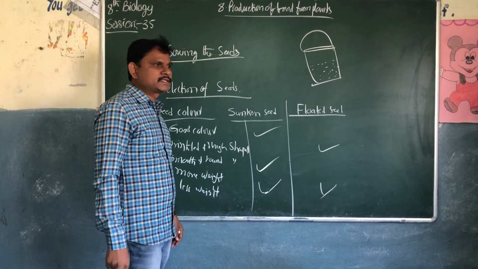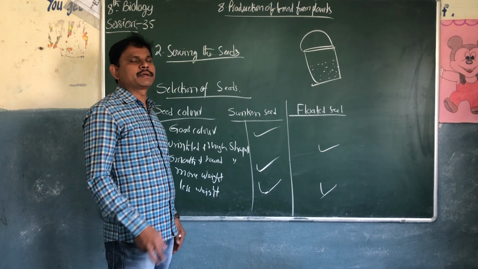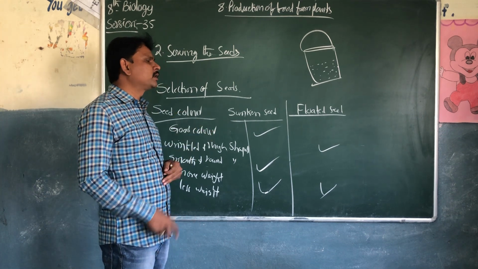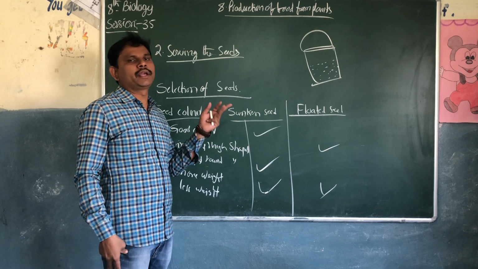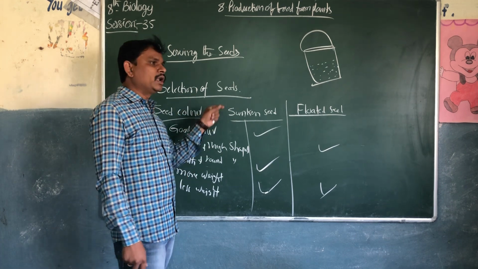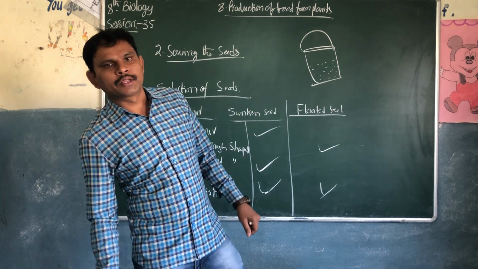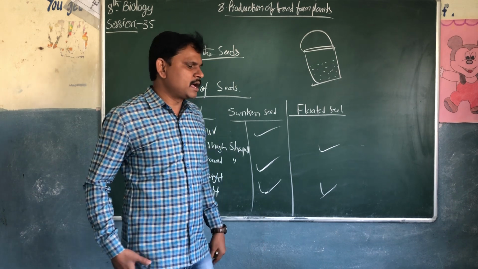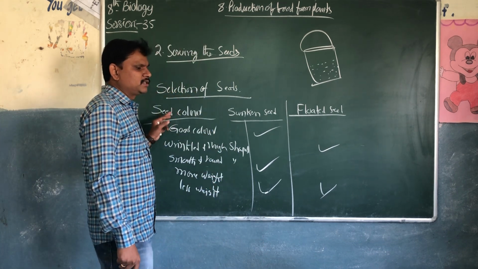Like this, by doing experiments, they will separate the quality seeds from the less quality seeds. Then the farmer should sow the quality seeds into the soil, and he will get a good production. So this is the selection of seeds.